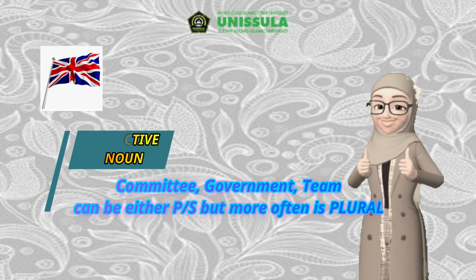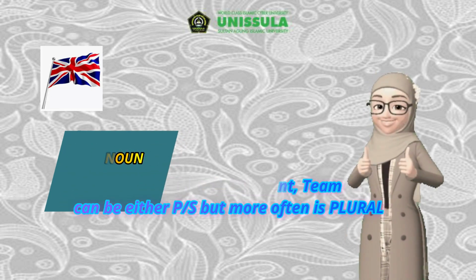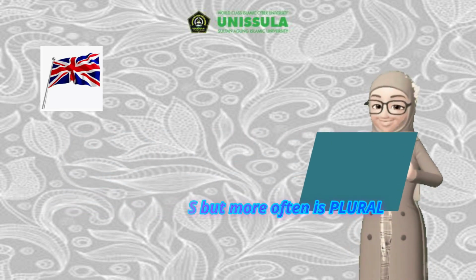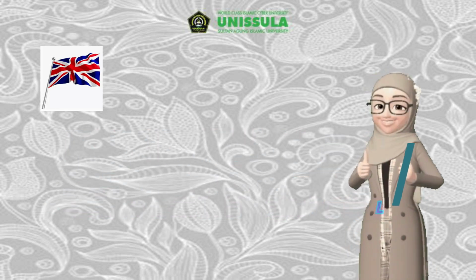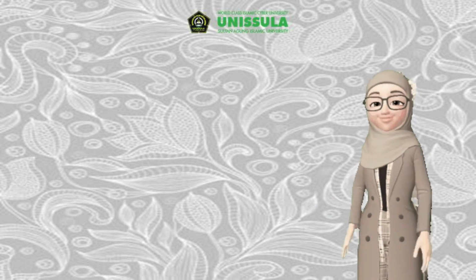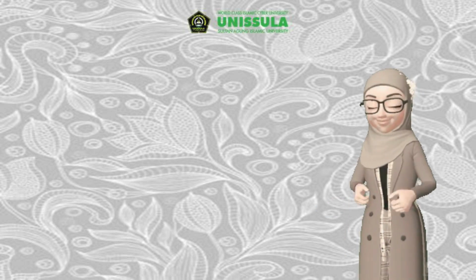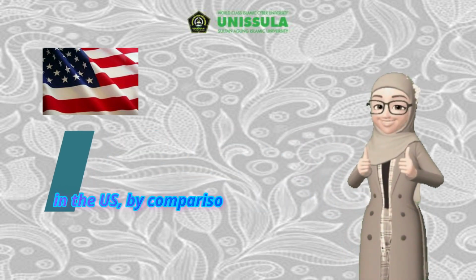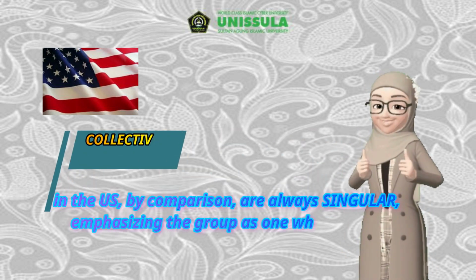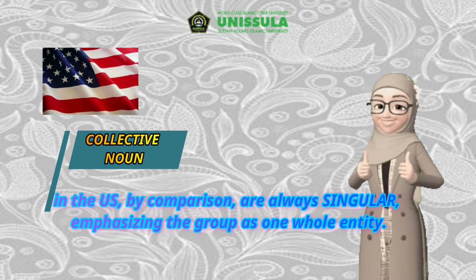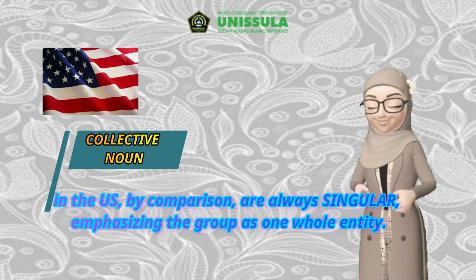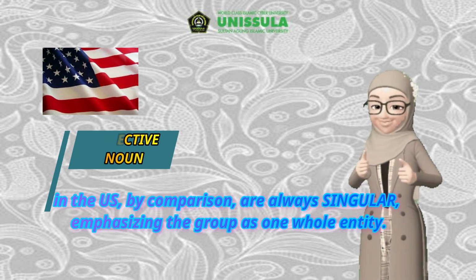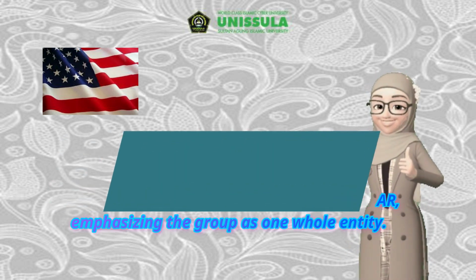So in British English, it is mostly plural when we talk about the members of the group. And when we talk about collective nouns in the United States, by comparison they are mostly always singular, emphasizing the group as one whole entity.